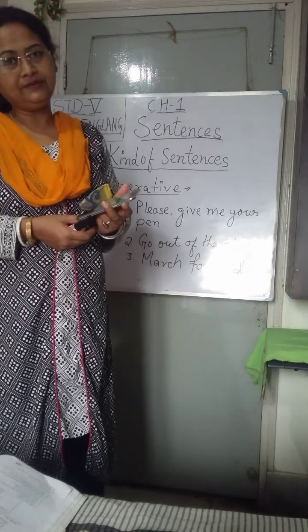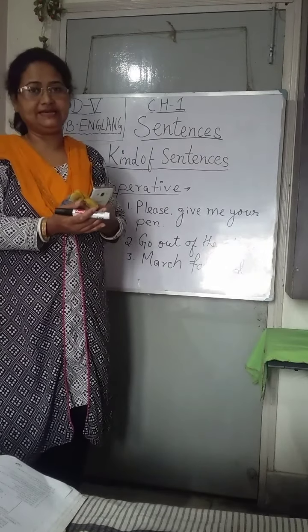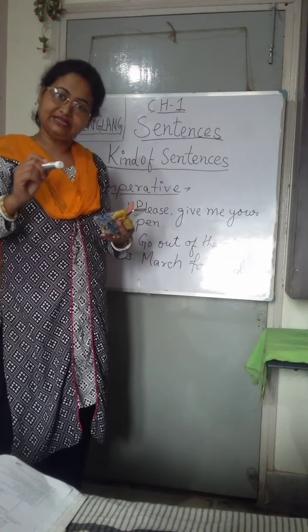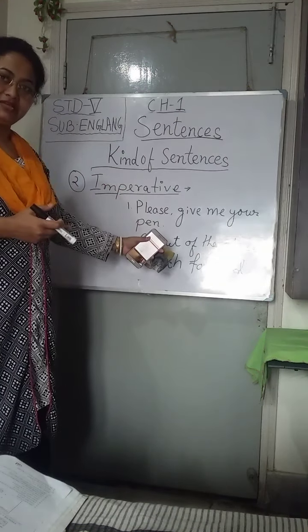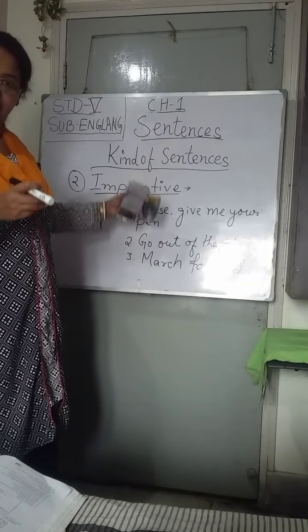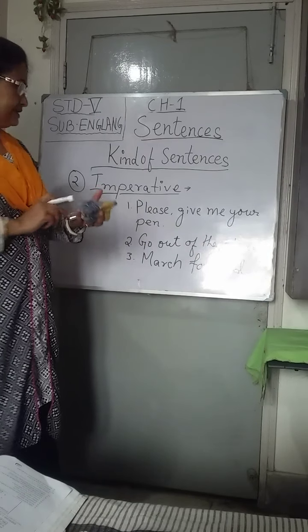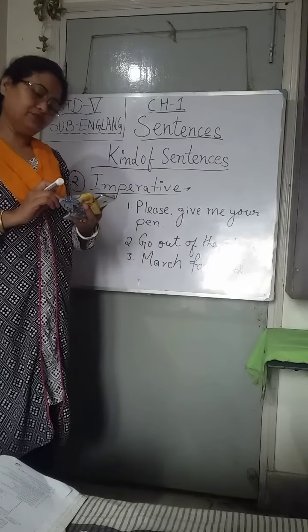Children, for all the definitions like imperative sentence and assertive sentence, go on writing the definitions with 2 examples each, like I have given you 3 examples here to make you understand. The definition I am not writing here, it is already given in your book.